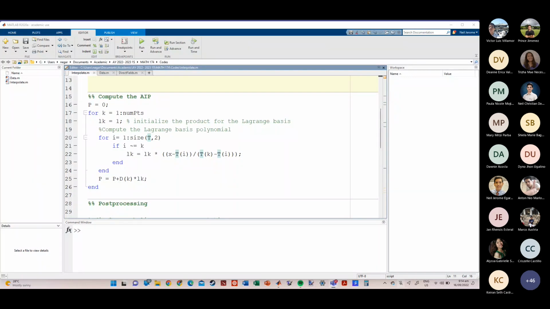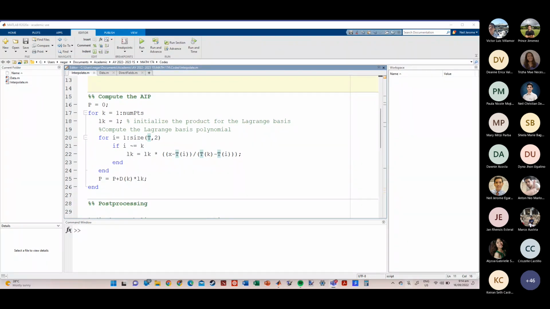All right? So essentially, si P, which is this guy, right? Si P sub n of x ay summation. Kaya, di ba, pagka magko-compute tayo ng summation using a for loop, kailangan i-initialize muna natin na 0 siya. Right? Kaya meron kang P equals 0 para sa start 0 yung value niya. Right?